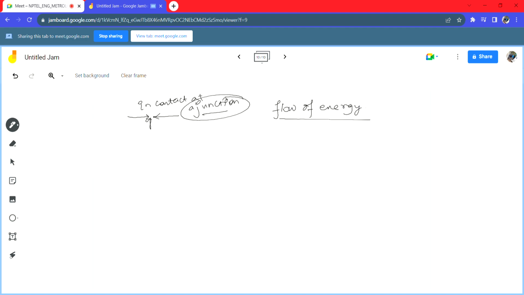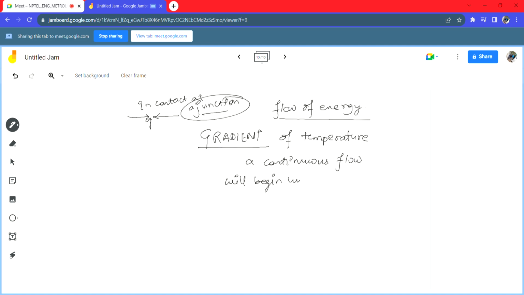And because of this gradient of temperature, a continuous flow will begin until saturation arises.